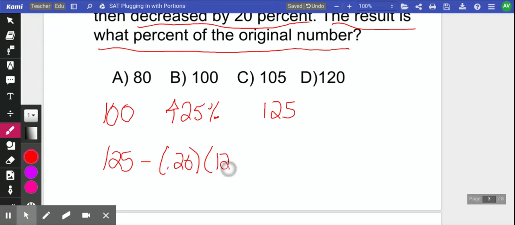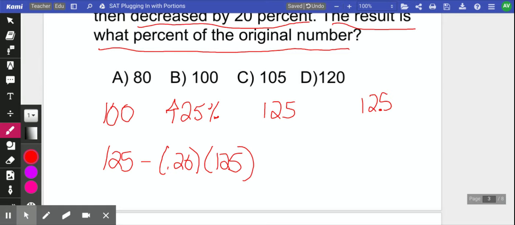20% of 125. Okay, so if you have a calculator, that's great. You can go ahead and multiply that. Let me show you guys a quick way to work with this in case you're ever confronted with something like this on a no calculator section. So you might not know 20% of something off the top of your head, but 10% can be found very easily. 10% of 125 is 12.5.